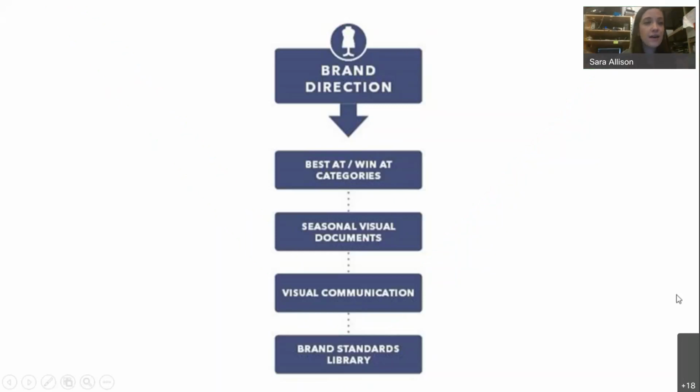Okay, so now we're just going to dive into each brand filter, talk about the tools that we have that can assist us in understanding the filter and what we can use to direct us. So under brand direction, one of the first things we're looking at here is best at and win at categories. So that's one of your biggest considerations under brand direction.